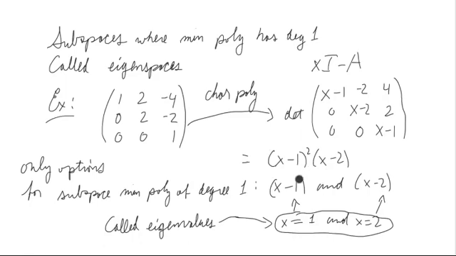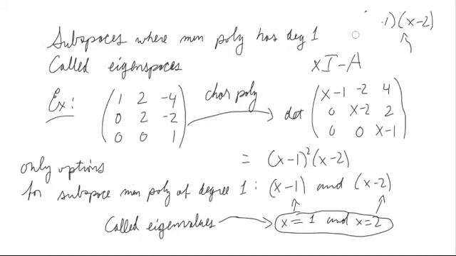If we get 0 by multiplying by x minus 1, perhaps it's because we were in the range of the other part of the minimal polynomial. So if the minimal polynomial was x minus 1 and x minus 2, maybe we were in the range of x minus 2, so that when we multiply by x minus 1, we'd actually get 0, because that's the only way to get 0. We need to be a multiple of the minimal polynomial itself.